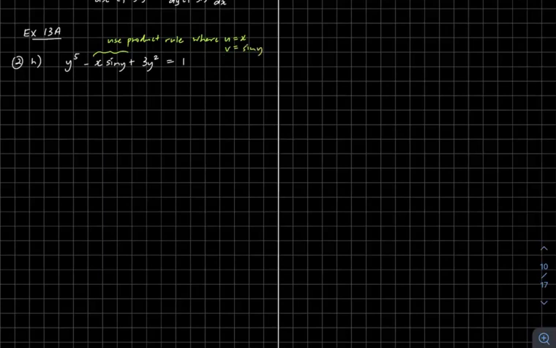So it's u times v. So when we think about our product rule, derivative of u times v is u dv/dx plus v du/dx, isn't it? So we'll need to use that there. Alright, so determining the derivative, we're saying differentiate y to the power of 5 minus the derivative of x sine y plus the derivative of 3y squared equals the derivative of 1.